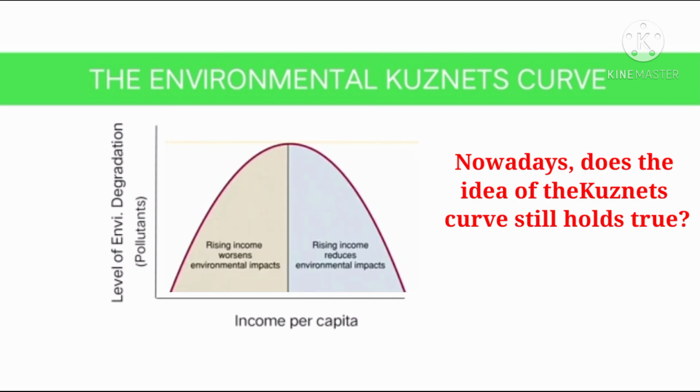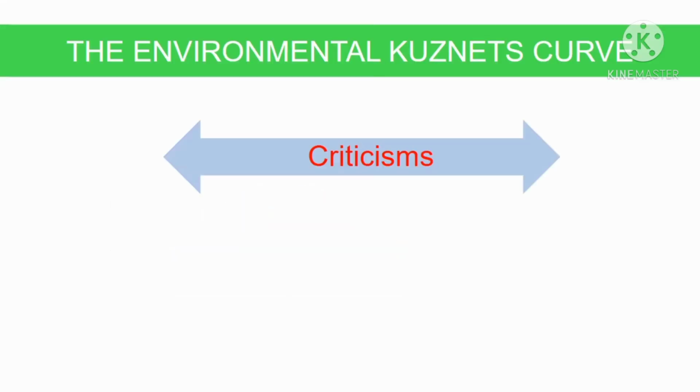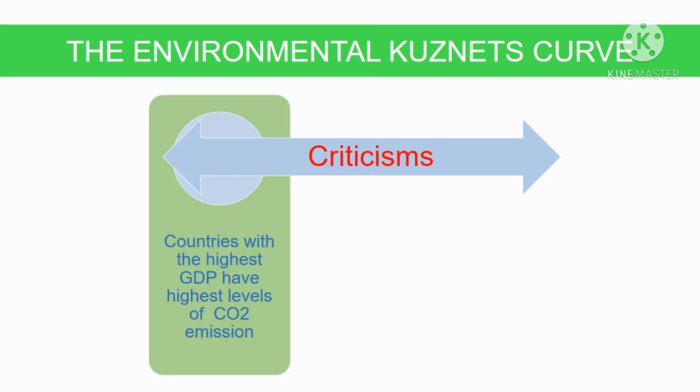However, the EKC remains debatable. There is an ongoing debate about the validity of its idea. The following are the criticisms of the EKC. Number 1, countries with the highest GDP have the highest levels of carbon dioxide emission, contrary to the idea of the EKC that as the economy develops, pollution starts to decline.